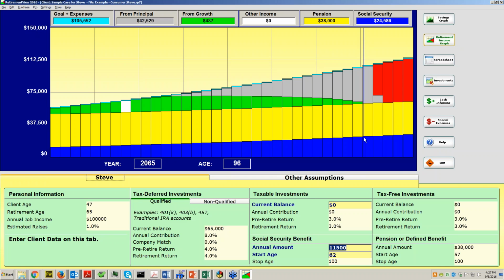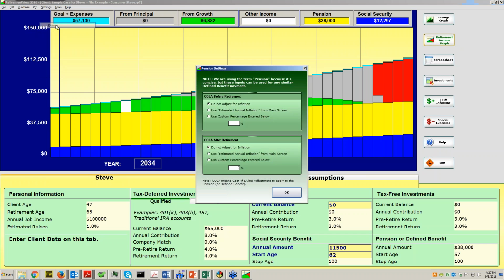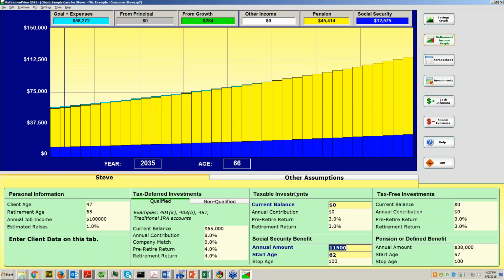And then you said the pension, does that have a COLA? I'm not sure exactly what you mean, the COLA, but it means that there's an inflation. It's increasing 2% according to the inflation rate. Yes. Okay, so I'm going to go in here and say after it starts in retirement, it's going to start going up by 2% a year.